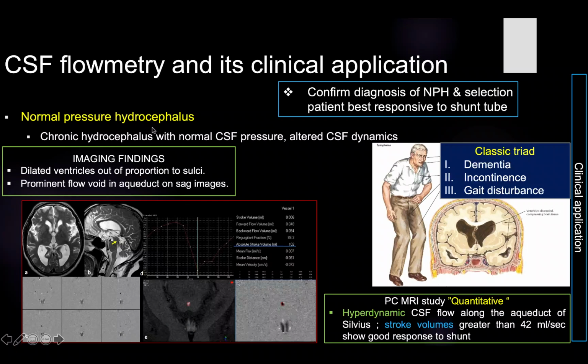Normal pressure hydrocephalus is a type of chronic communicating hydrocephalus in which the CSF pressure is normal. That is why it is named normal pressure: when we measure the pressure of the CSF, it is normal. So it is called normal pressure hydrocephalus.